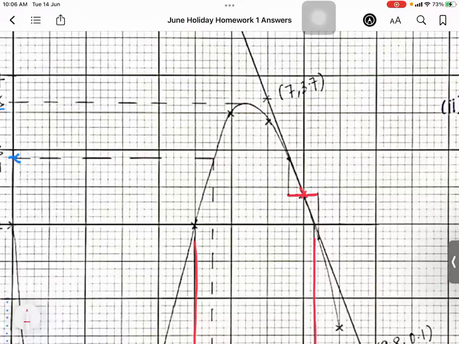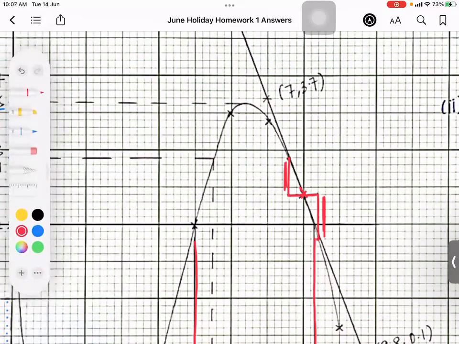So then I go all the way up to touch the curve and then all the way down to touch the curve. Right? This portion over here and this portion over here may not be the same length. Some of you thought everything must be the same. Then your answer will always be the same. Not correct, okay? So the height itself, the vertical direction, may not be of the same length.